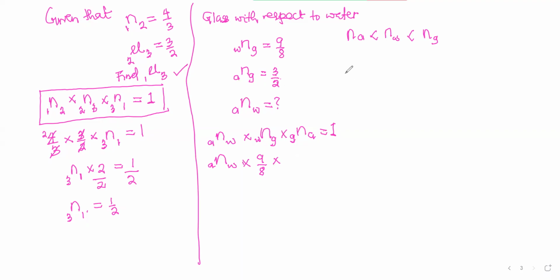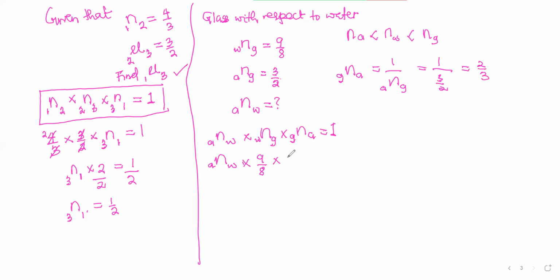And we also know that the refractive index from glass to air would be equal to 1 divided by the refractive index from air to glass. Therefore, we can find what we don't have, and this will be equal to 1 over 3/2, which is 2/3.